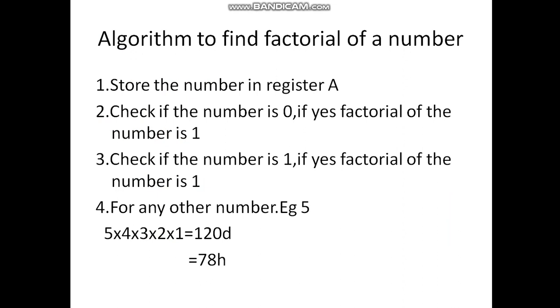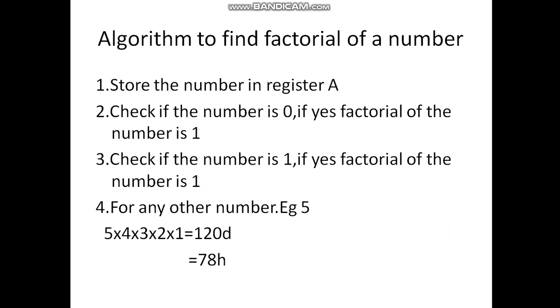Let me consider an example of 5. To find the factorial of 5, 5 has to be multiplied with 4, then with 3, then with 2, then with 1, and it has to be terminated at this step, because if you multiply it further with 0, the product becomes 0.